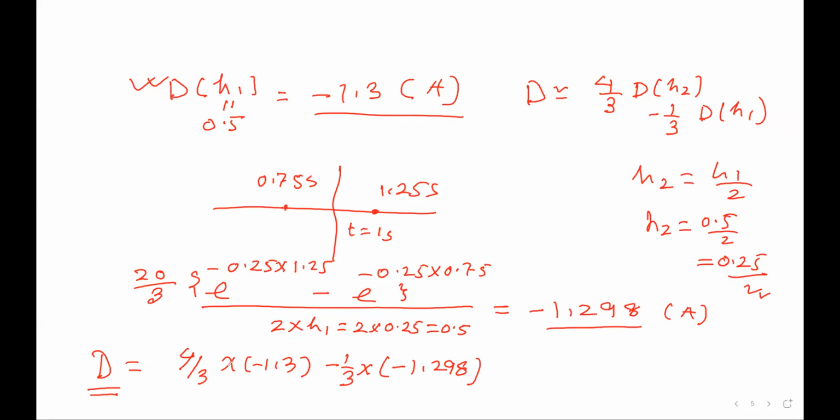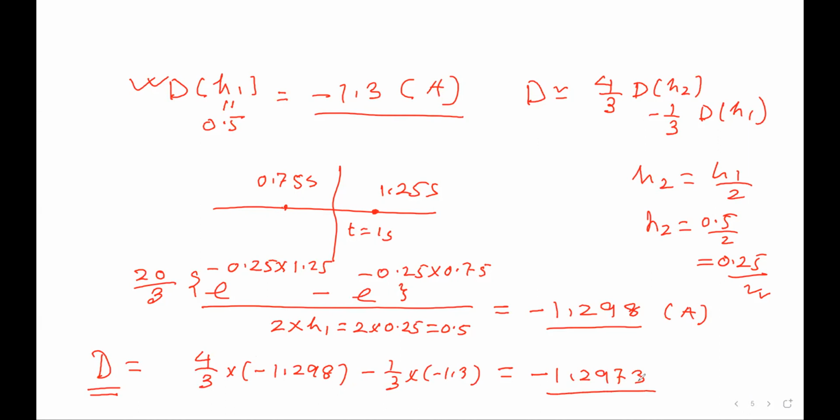Yes, reverse, yes. That means, good. So it will be equal to 4 by 3 into minus 1.298 minus 1 by 3 into minus 1.3, isn't it? Yes, sir. Equal to minus 1.2973.